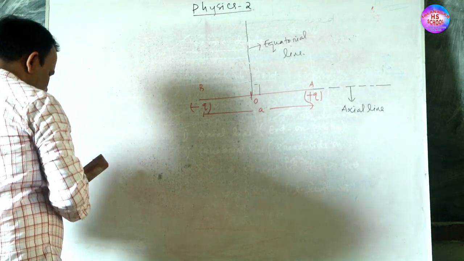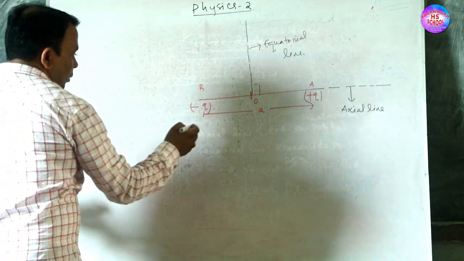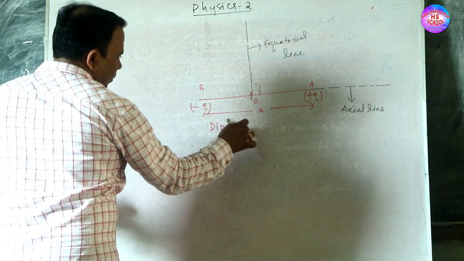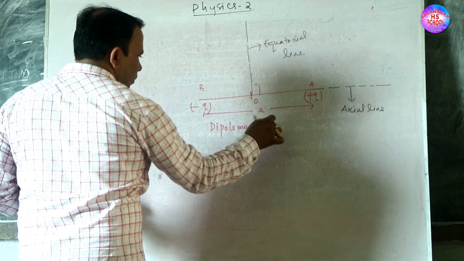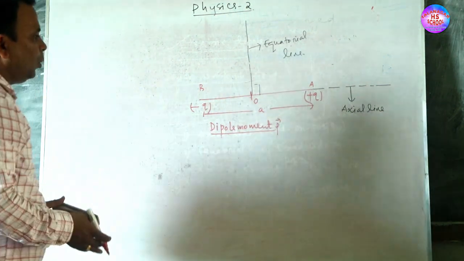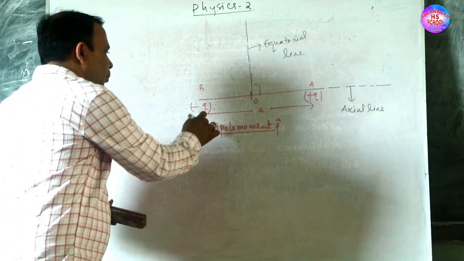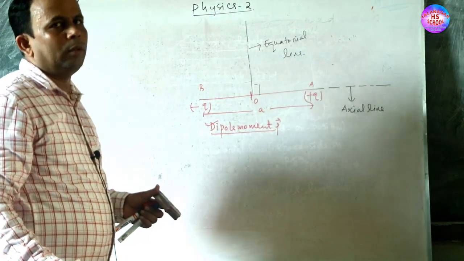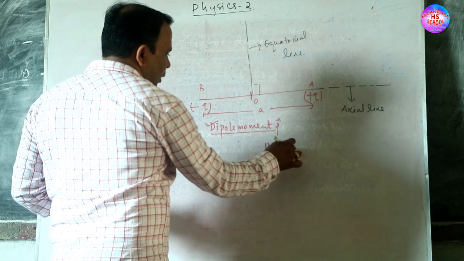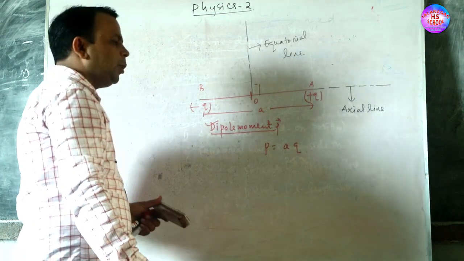Now next, dipole moment. What is dipole moment? The dipole moment of an electric dipole is defined as the product of either charge and the distance of separation between them.